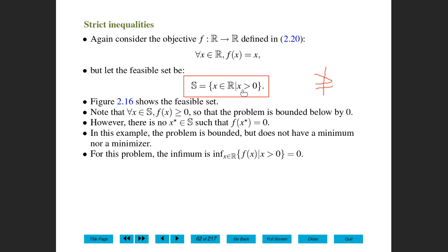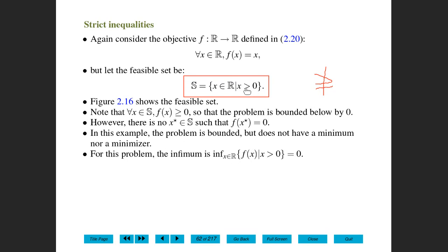So the infimum, you can say, captures the problem, right? And it helps us really to understand. So the thing is, we can see that f of x will be greater than or equal to 0, but equal to 0 will be out of question, right? Because there is no x star such that f of x star is equal to 0, because x is always greater than 0.